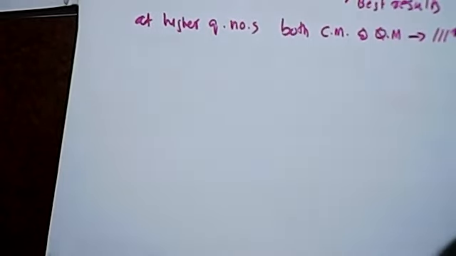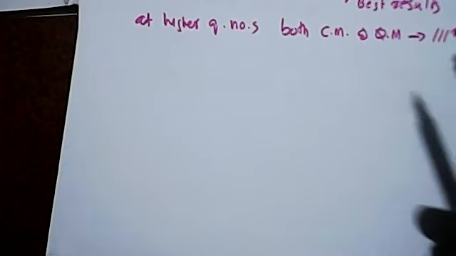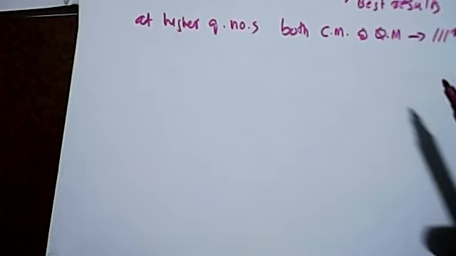According to the Bohr postulate, we have studied that the allowed orbits of the atom, the privileged orbits of the atom, are non-radiating orbits. The electron, when it revolves in that orbit, does not radiate energy.